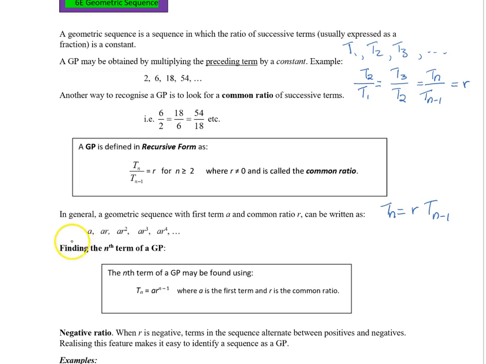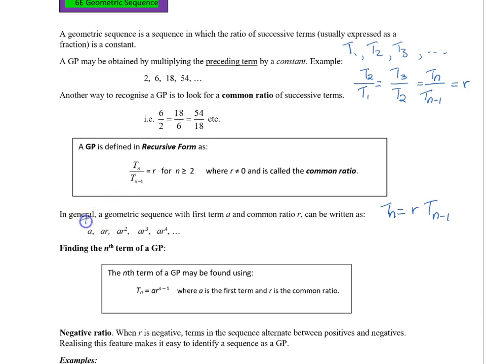That then means that for all terms, we can have a general form. We know we start with A. We're going to multiply it by r to create our second term. Multiply that by another r, and so on. And so we've got the formula that Tn is equal to A times r to the n minus 1.